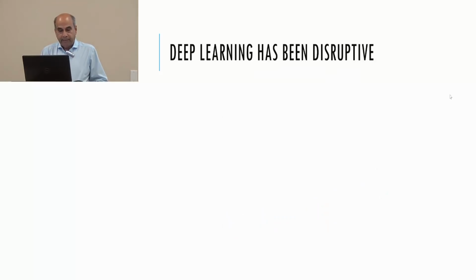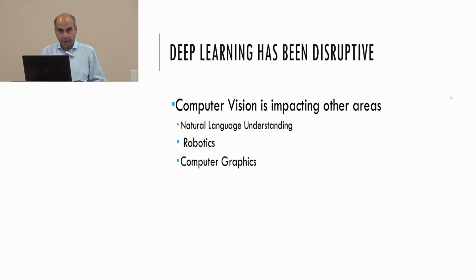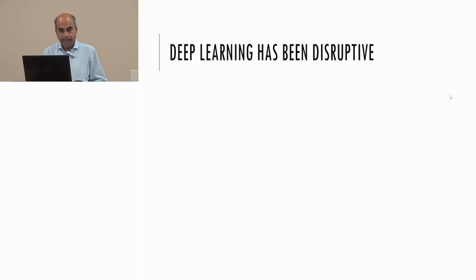So as I mentioned, deep learning has been a disruptive force. Computer vision is impacting other areas like natural language understanding, robotics, computer graphics, audio and speech, and AlphaGo, the game playing, and it has really been about learning.